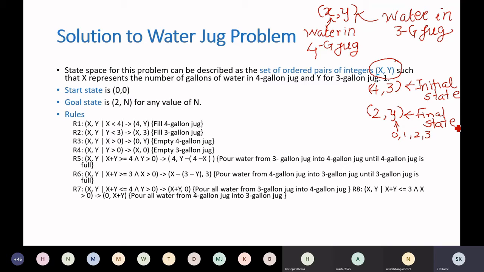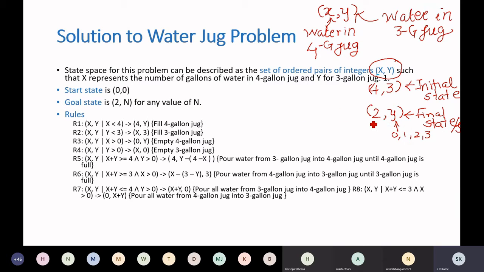Now why can y be 0 or 1 or 2 or 3? The reason is that the capacity of the second jug is 3. So it can contain 0 gallons of water, or 1 gallon, or 2 gallons, or 3 gallons. So the final states are (2, y).